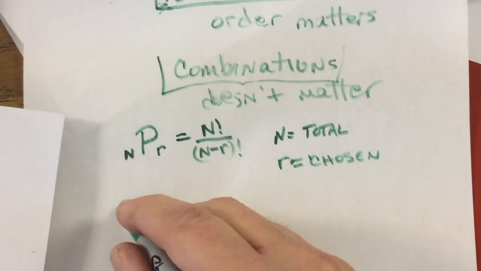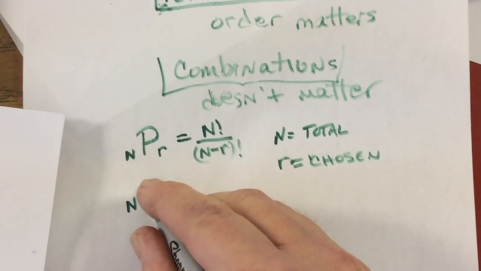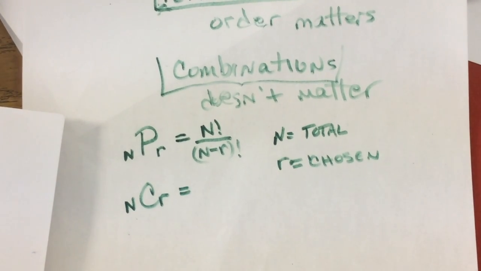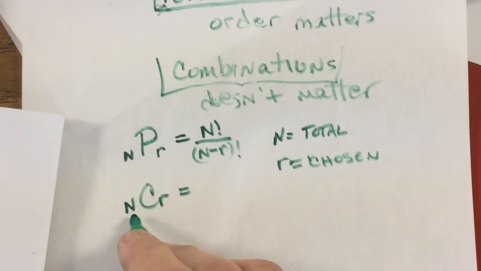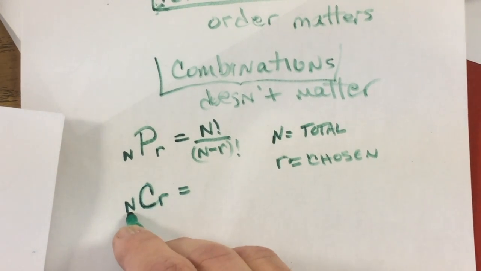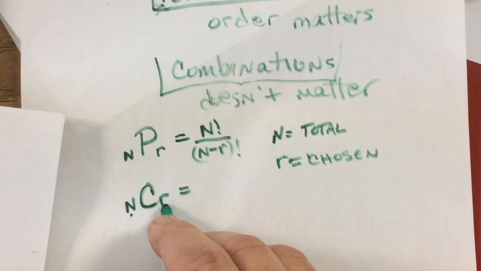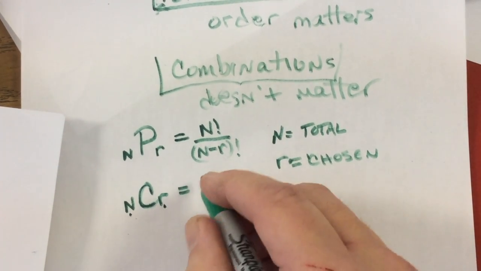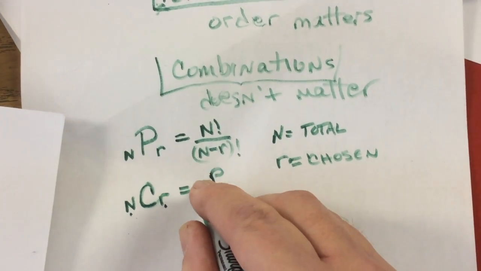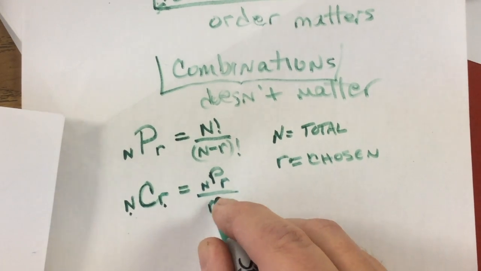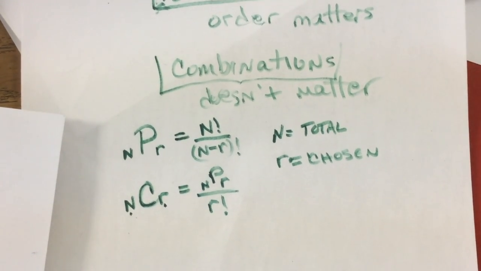And in terms of combinations, if I want to know how many things can I choose out of n, making r in each group, where order doesn't matter at all, then I have to figure out what this was, and then account for the fact that I overcounted by dividing.